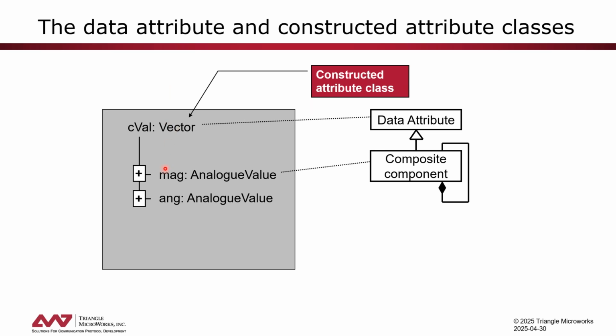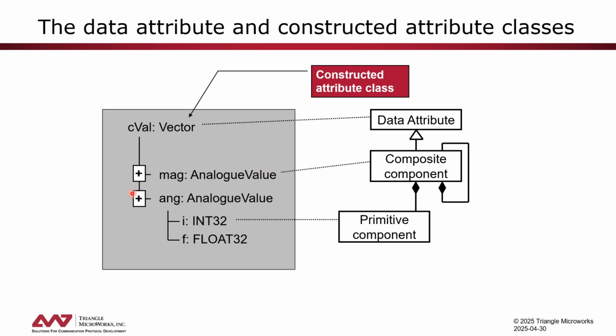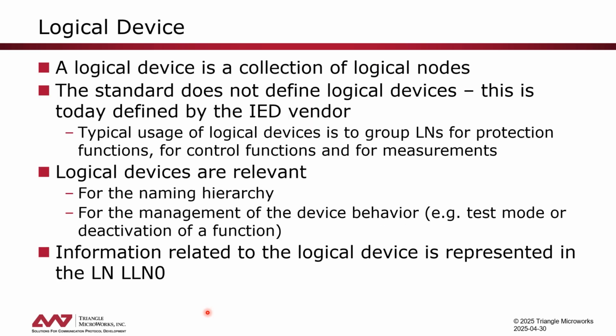It's defined to contain elements like magnitude and angle, which are both of the type analog value, which is again a constructed attribute class. And that's again defined in the standard to have on one side an integer element or a floating element. And that's where we now really have the base type. So that's where we get to the leaf of our data model where we place the information.